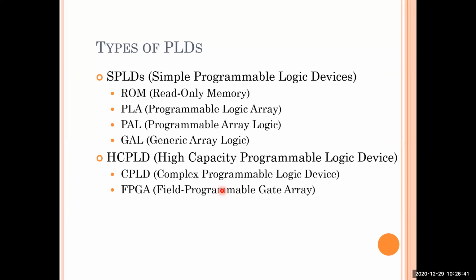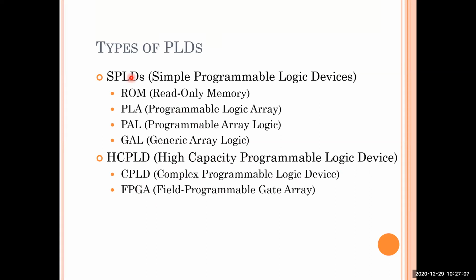And after that, the next one is HCPLD. In HCPLD, H stands for high, and C is complex programmable logic devices. In this complex programmable logic device, you can see that it is a high capacity programmable logic device. The first kind is complex programmable logic device, and the next type of HCPLD is field programmable gate array.